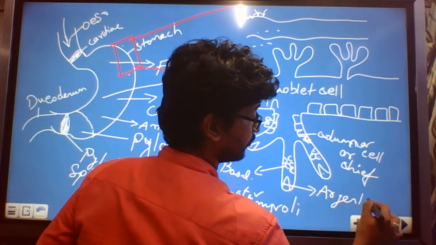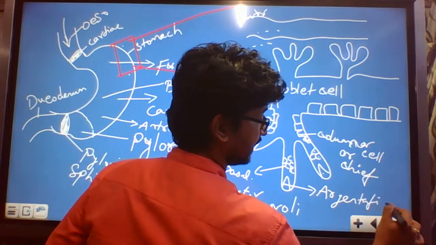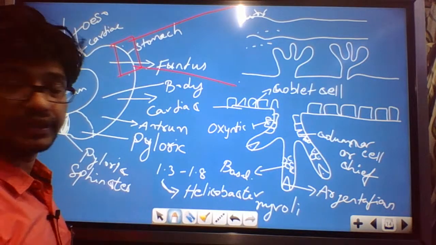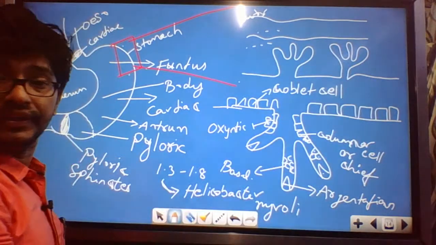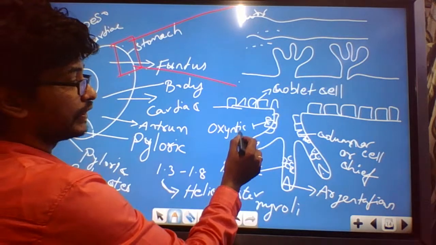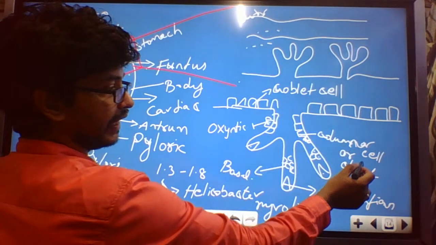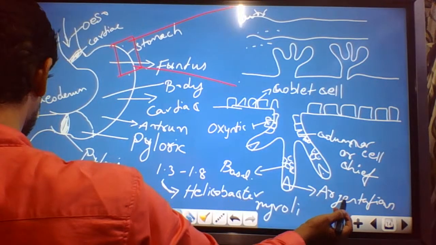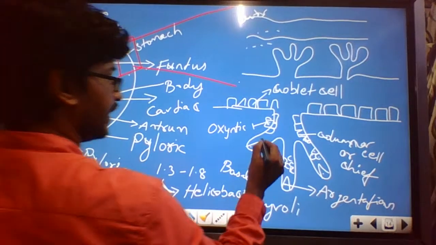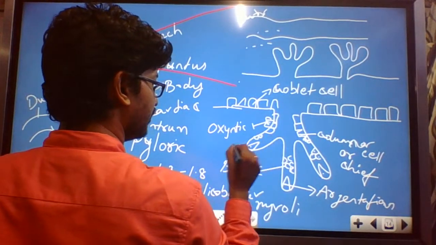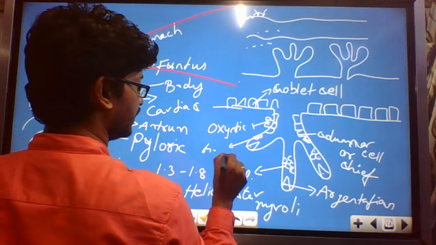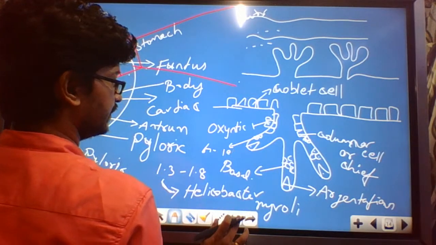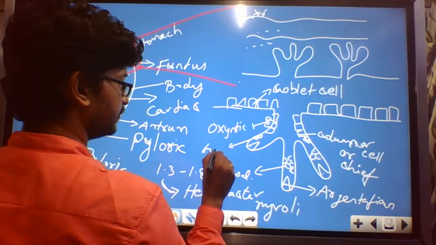So totally you could see 6 different types of cells in the inner lining of the stomach: the goblet cell, oxyntic cell, columnar or chief cells, basal cells, argentaffin cells, and also the G cell.